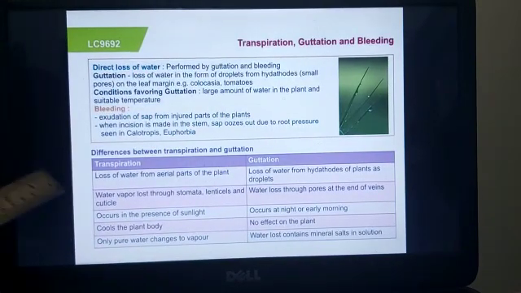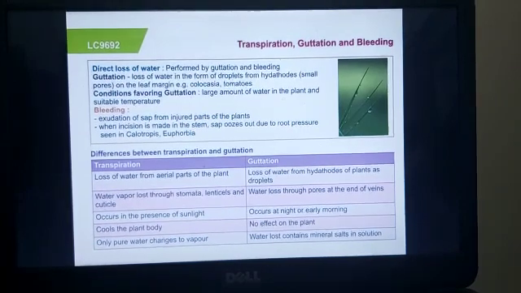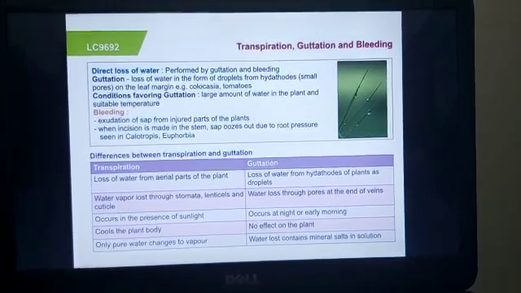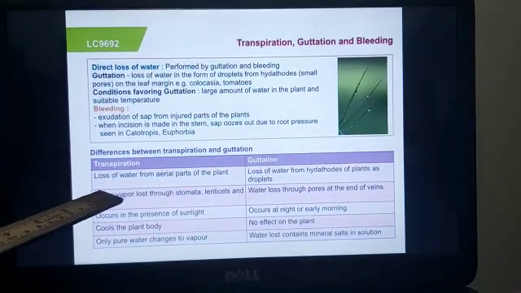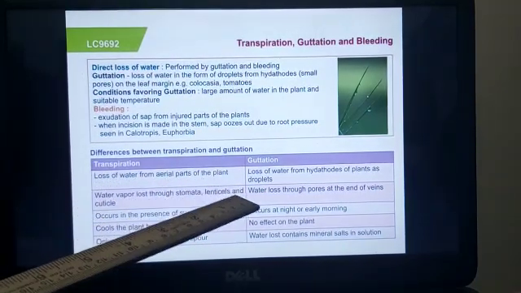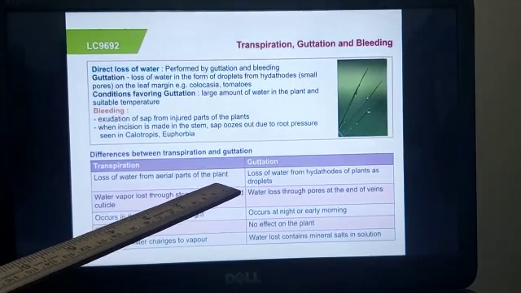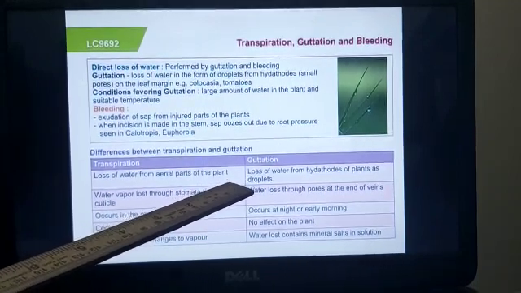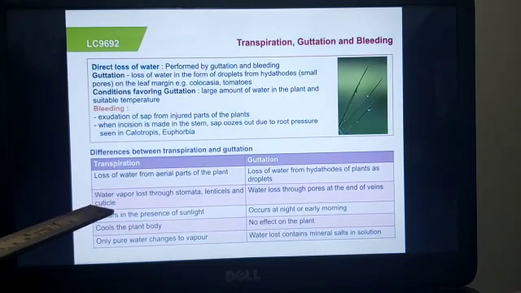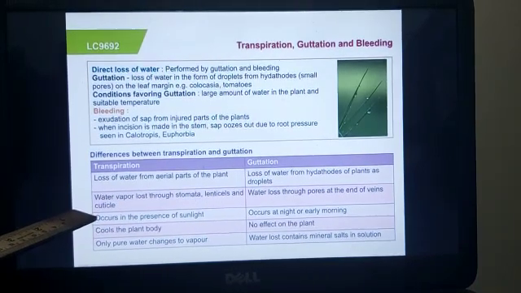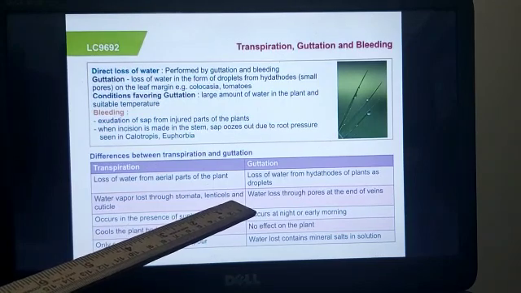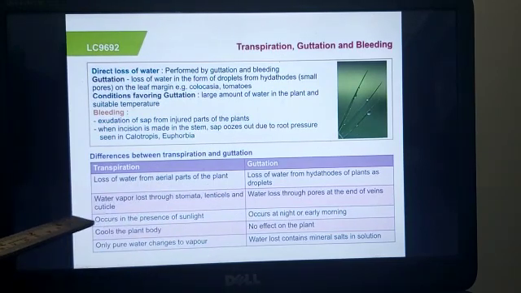Now this particular slide will give you the difference between transpiration and guttation. Transpiration is the loss of water from the aerial parts of the plant, and guttation happens in the form of water droplets from the margins of the leaves. Water vapor is lost through stomata, lenticels, cuticle, whereas in guttation water is lost through the ends of the veins.